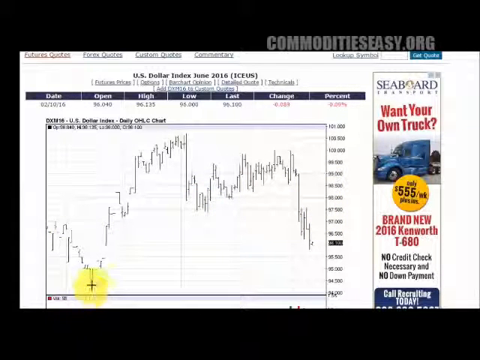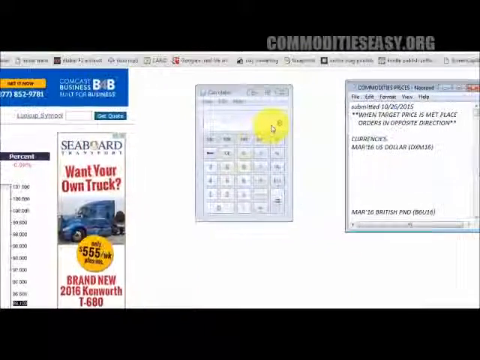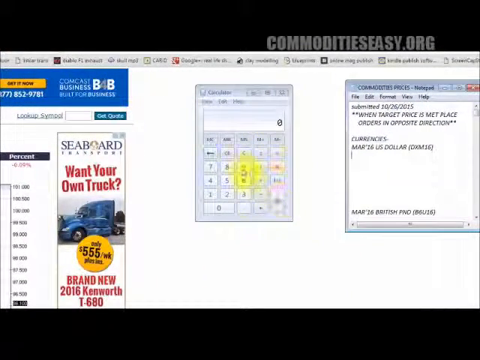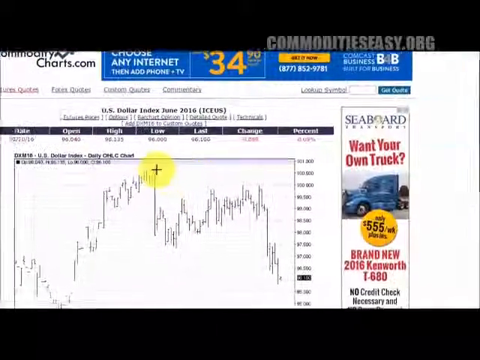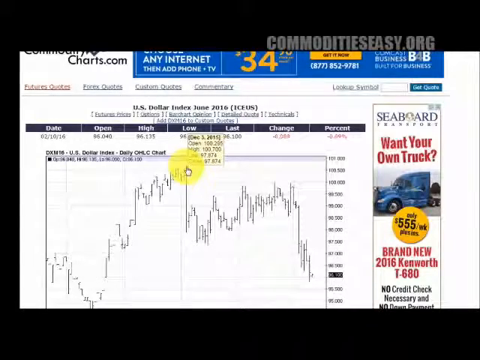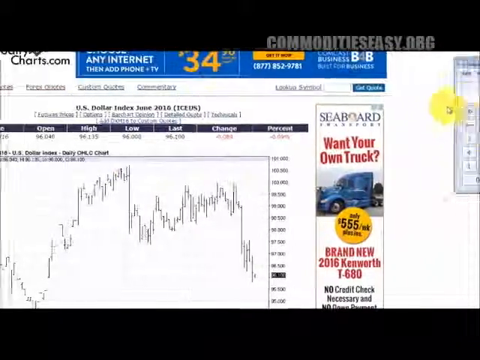So we take the low number, which is 94.3, plus the high number, which is 100.7.